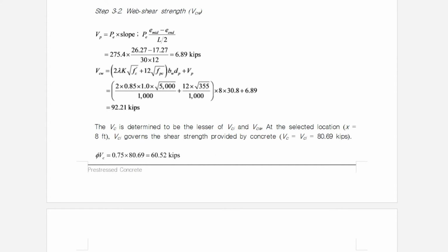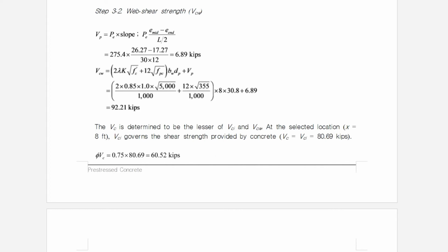And then DP was 80% of H only, so 92.21 kips. So we take the smaller of VCI and VCW. VCI was smaller, 80.69, so that's the governing strength.